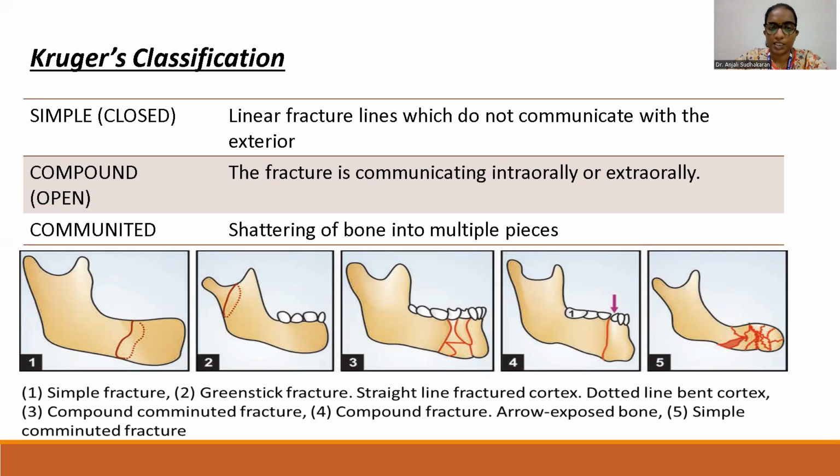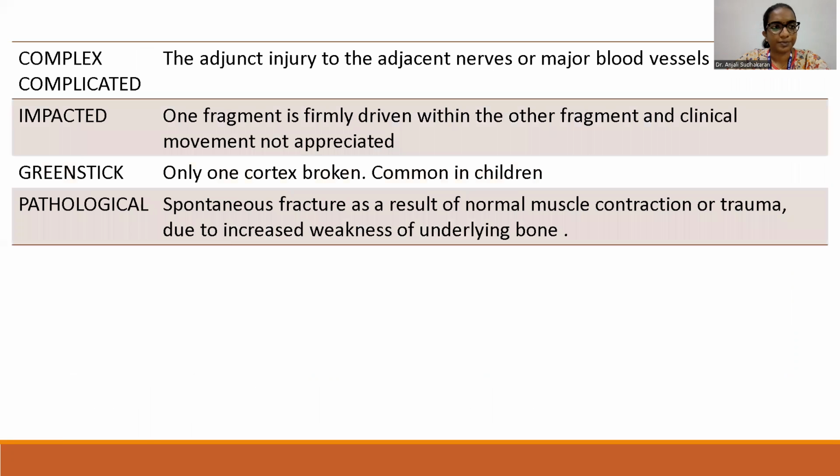Comminuted fractures are those in which the bone is crushed into multiple pieces. Then there are complex, complicated fractures in which the fracture involves the adjacent nerves or major blood vessels, and impacted fractures, when one fragment is impacted into the other fragment and there is no movement of either fragment.